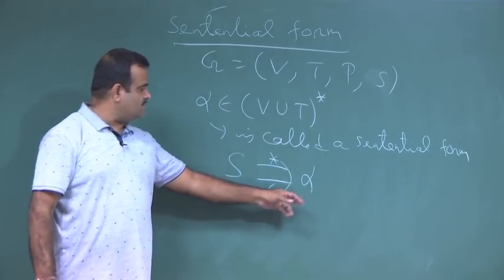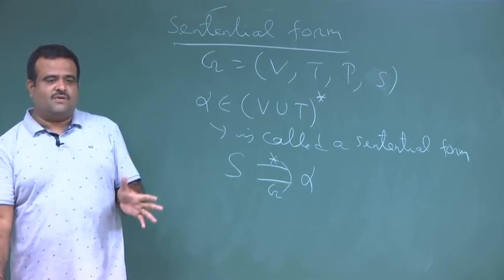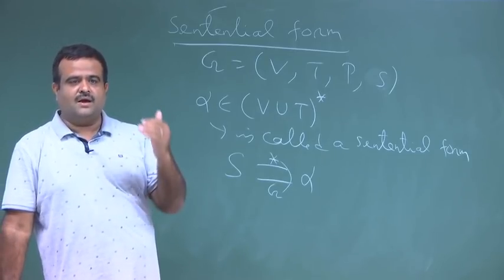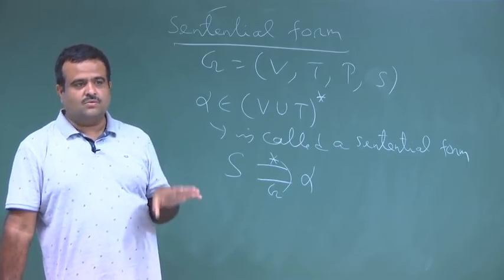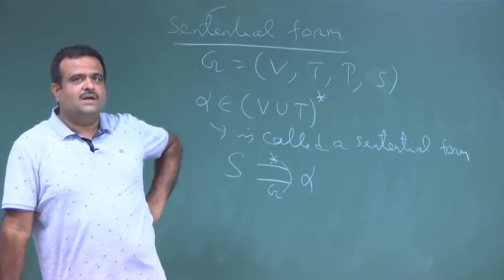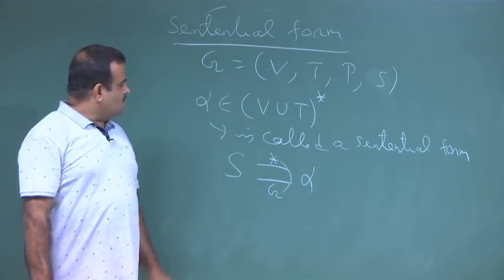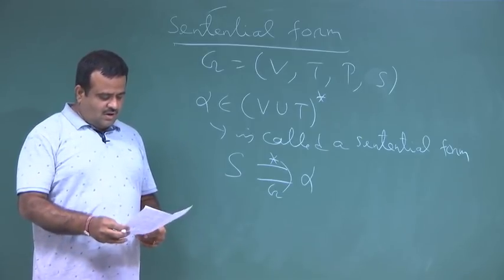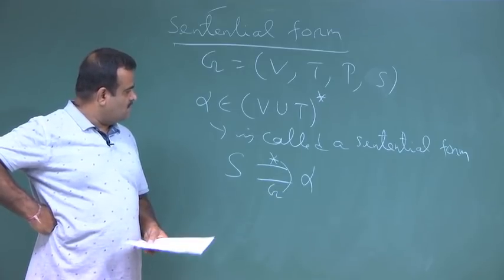Alpha need not be only terminals, alpha may consist of variables also, but the string alpha should be derived from the starting variable S using the productions P of this G. Then alpha is called a sentential form.